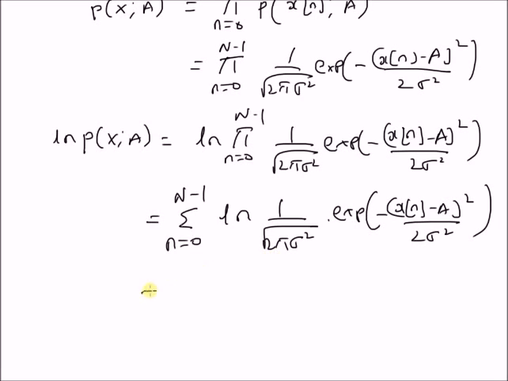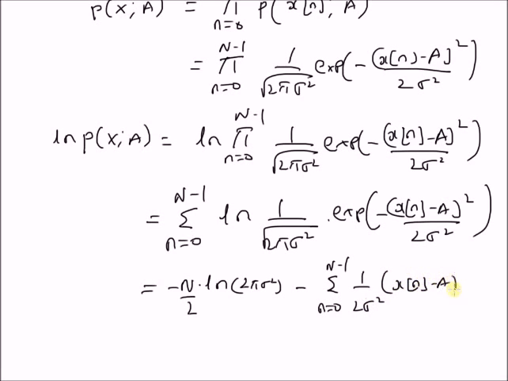So this can be simplified as N times the logarithm of (2 pi sigma squared) to the power minus 1 by 2, so it becomes minus N by 2 times the logarithm of 2 pi sigma squared, minus the summation, n = 0 to N-1, of 1 by 2 sigma squared into (x[n] minus A) whole squared.